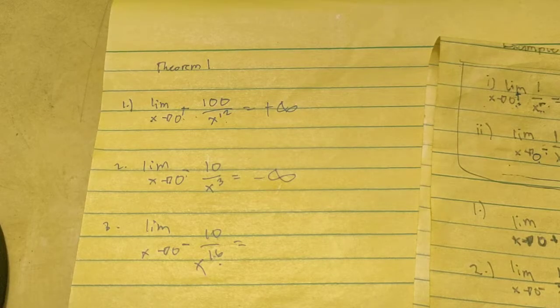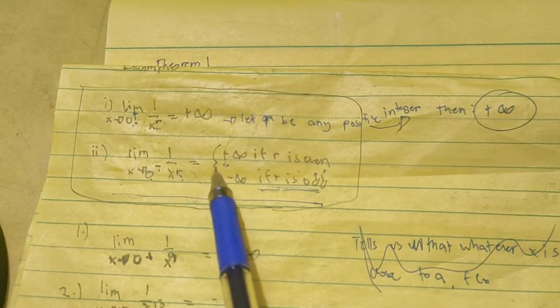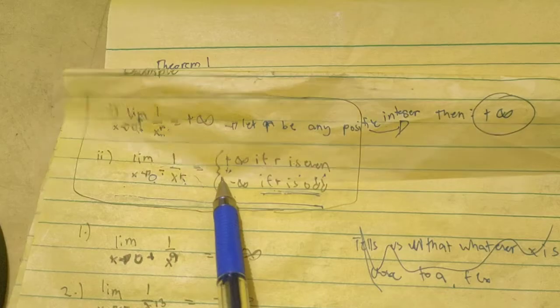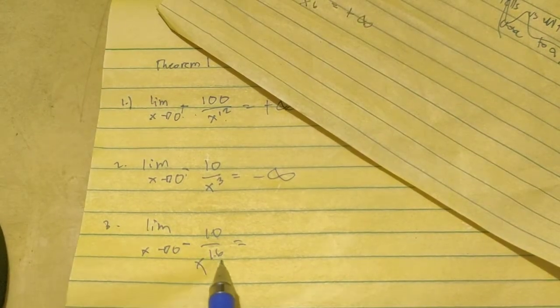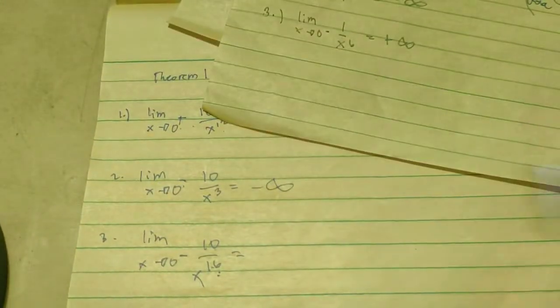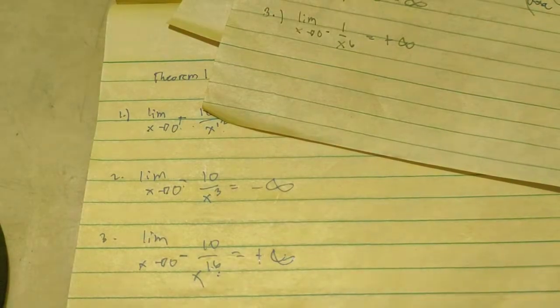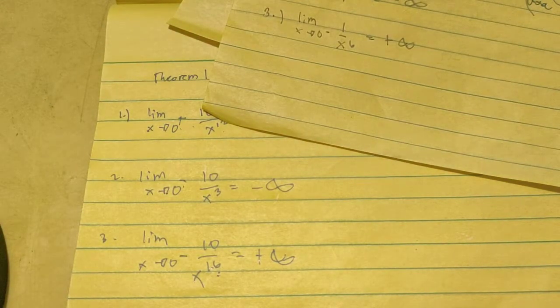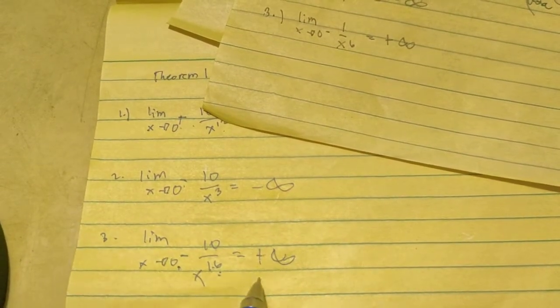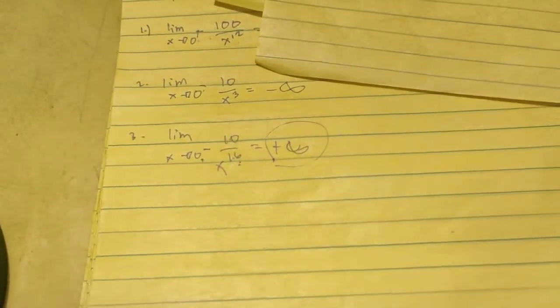So what is the answer? Let's take a look at our instruction. If r is even, positive infinity. If r is odd, negative infinity. In this case, our r is 16, and it approaches to the left. Don't forget, it approaches to the left. So the answer should be positive infinity, because 16 is even, and according to the instruction, if it is even and it approaches to the left, it should be positive infinity. Now let's proceed to theorem number 2.